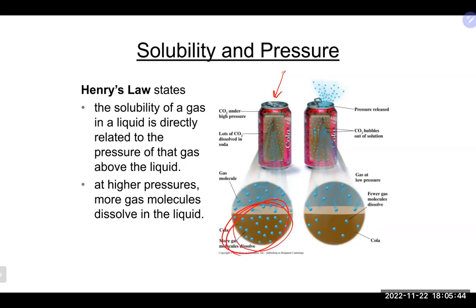Obviously, as you pop the top, you are releasing the pressure, and you're also, as you can see here, giving the gas an escape route through the top. That is also going to allow the gas molecules to escape the liquid part and also escape your can. That is why when you come back later, your soda is flat, because all the CO2 bubbles basically escaped as the air kind of pushed it away.